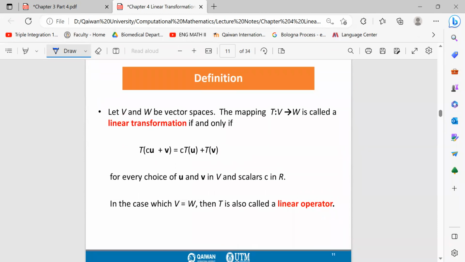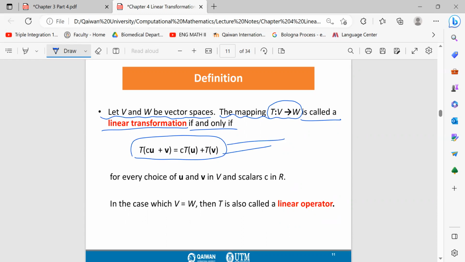Then we can change the definition of linear transformation to this. We say let V and W be vector spaces. We say the mapping T from V to W is called a linear transformation if and only if it satisfies this condition. Instead of using the above two conditions, we just use this here.